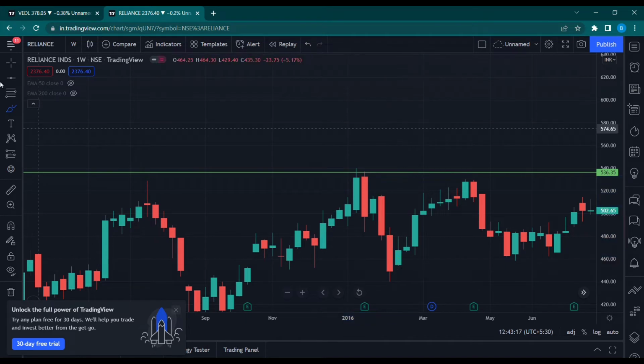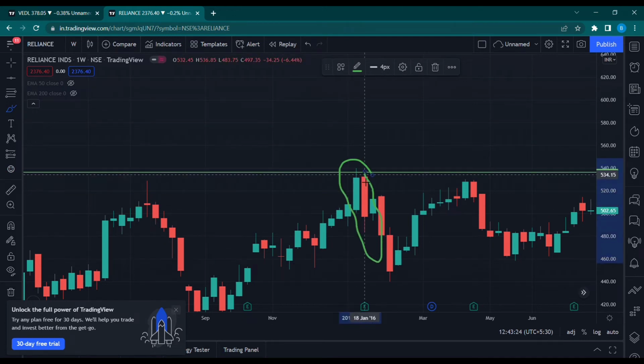You see, this is actually the bearish engulfing pattern. In this case, there is a green candle, and it is completely engulfed by a red candle forming next to it. The body of the red candle is bigger and completely engulfs the body of the green candle.